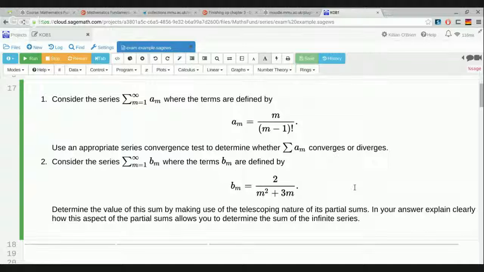Each negative term cancels with a later positive term. But the terms are 3 apart, instead of just being 1 apart as in the previous example. It's got the m in this denominator and the m plus 3 in that denominator. So each negative thing cancels with a later positive thing.